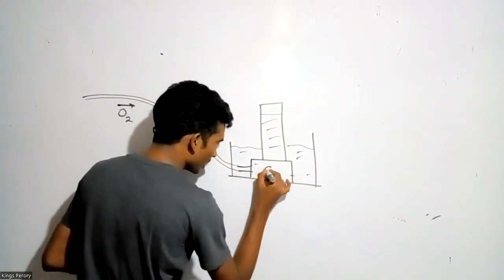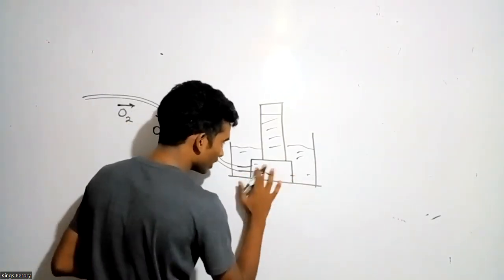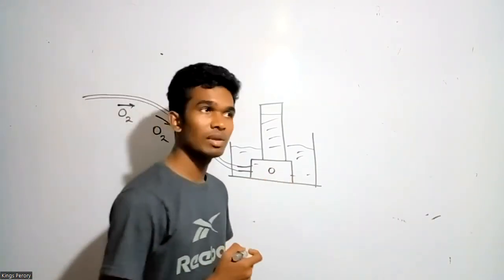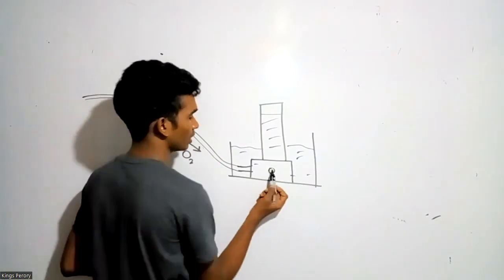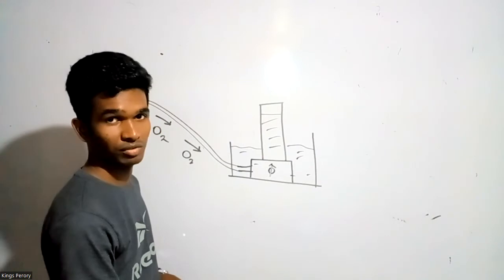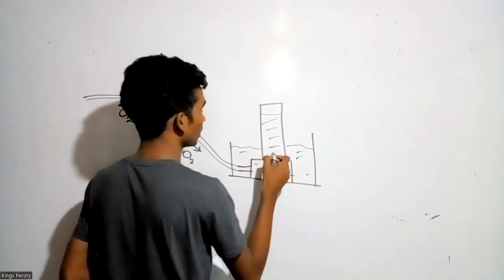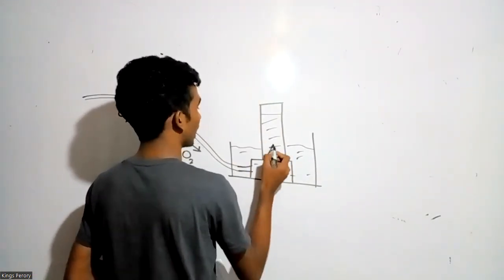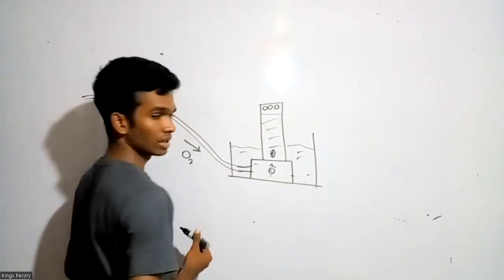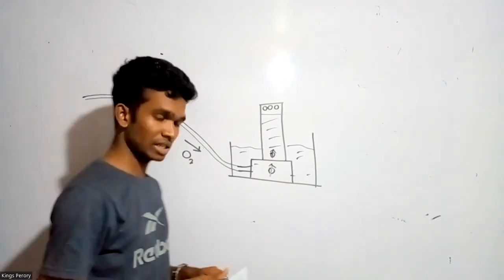When a gas enters here, I will only draw the gas bubble. By experience, what will this gas bubble do? Gas bubble will go up. Just take a fish tank, you send some oxygen from the bottom, the gas bubble goes up and fills the space here.